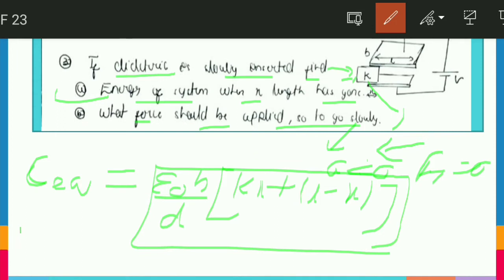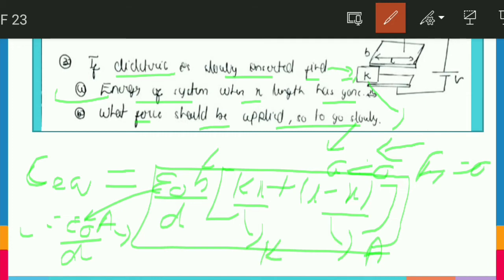We know that C equals epsilon naught A by d. This is the same, and talking about A, how I have written it: this is our breadth, and for length, these two terms are nothing but a parallel connection of two capacitors, in which this part is contributed from the dielectric K portion, and this part is contributed from our air portion.